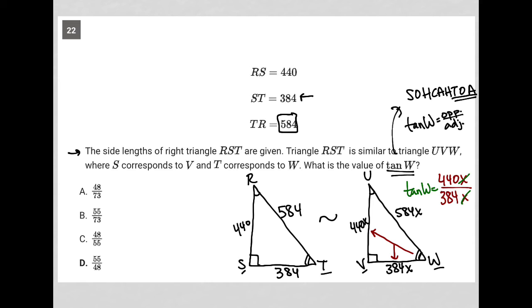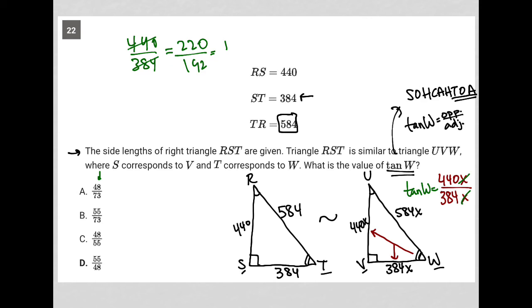So looking at my answer choices, we can see that we had to simplify this 440 over 384. So let's do that. I'm going to jump to my calculator and just start cutting things in half, to be honest. If I divide both top and bottom by 2, I have 220 over, let's do 384 divided by 2, 192.